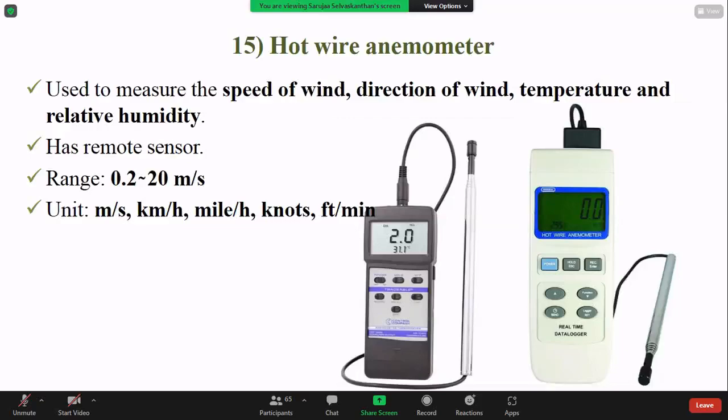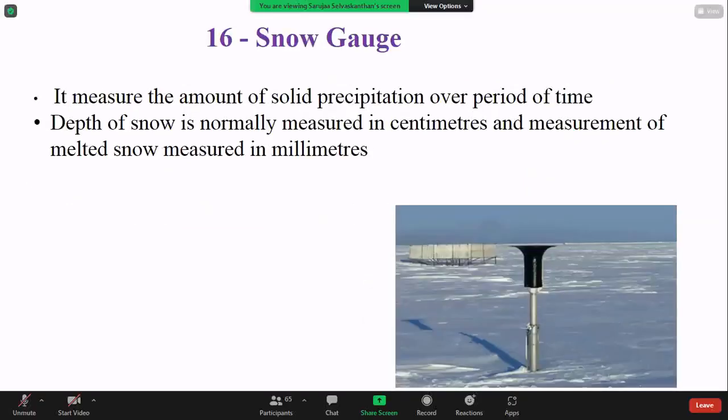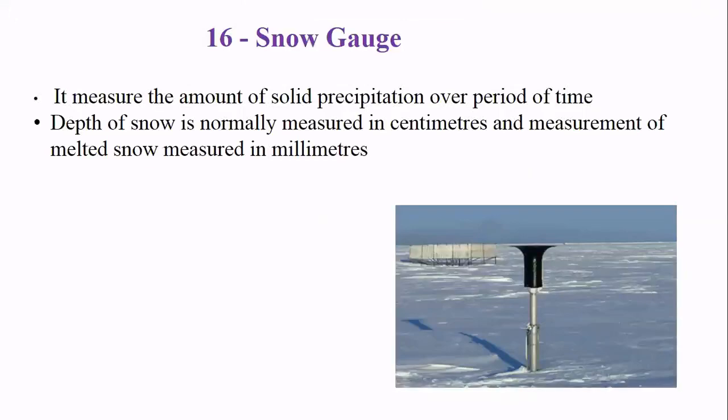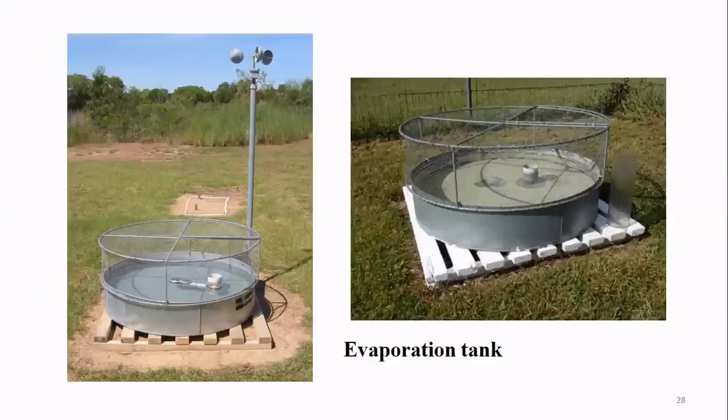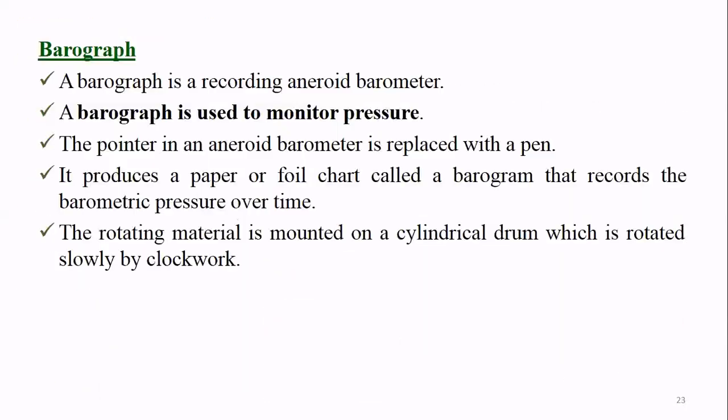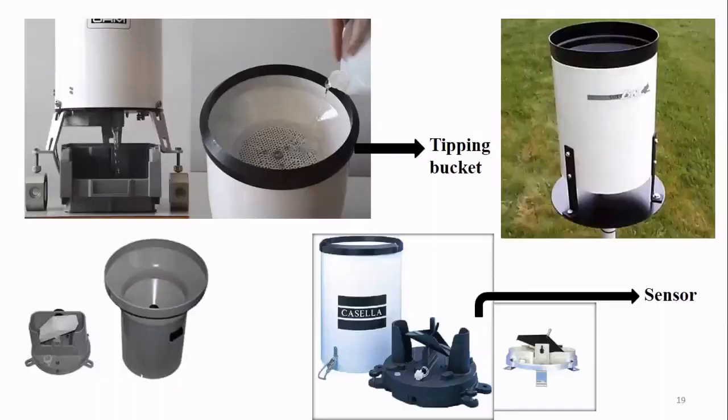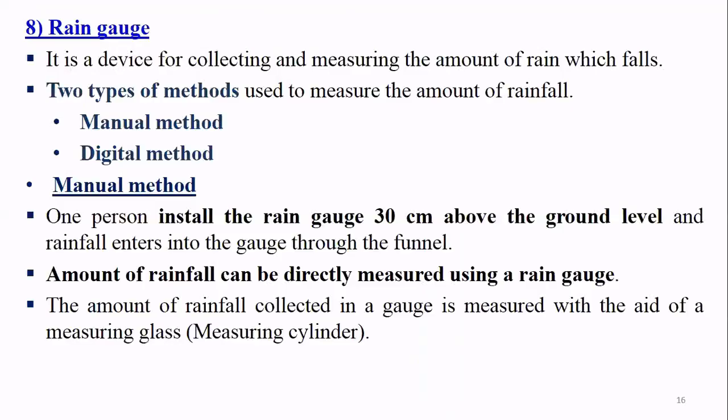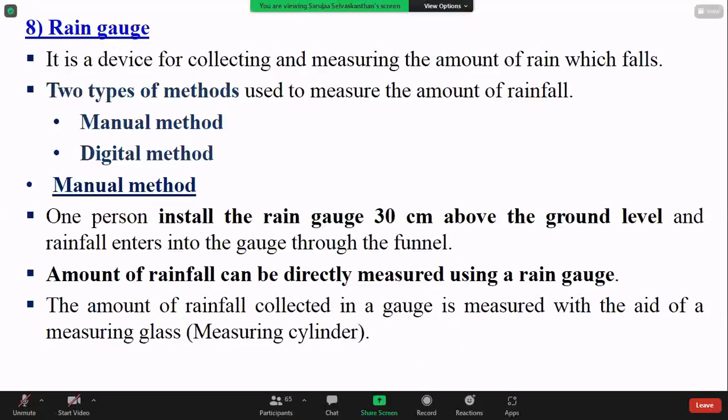Then the snow gauge. Which instrument is it similar to in function? Rain gauge. Yes, rain gauge. In the rain gauge you are measuring rainfall, which means the liquid one.